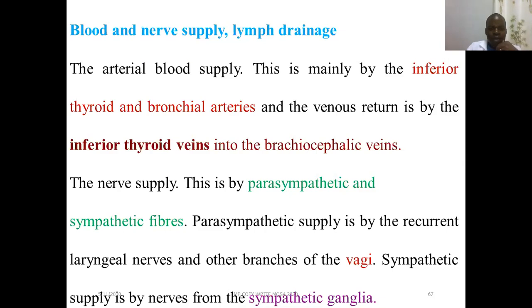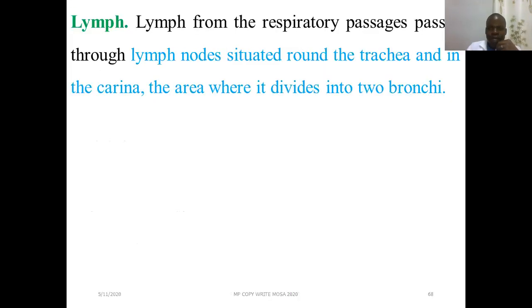The nerve supply is by parasympathetic and sympathetic fibers. The parasympathetic supply is the recurrent laryngeal nerves and other branches of the vagus, whereas sympathetic supply is by nerves from the sympathetic ganglia. These are a repetition of what we've already discussed in the beginning.